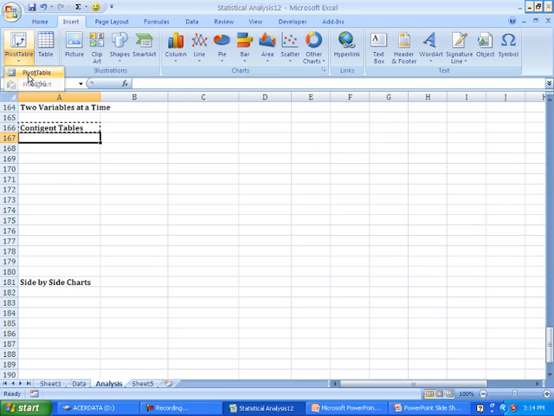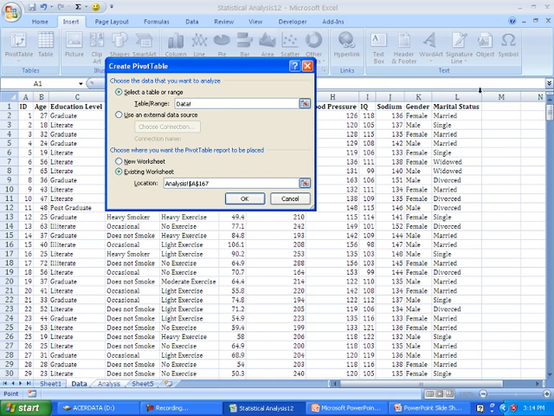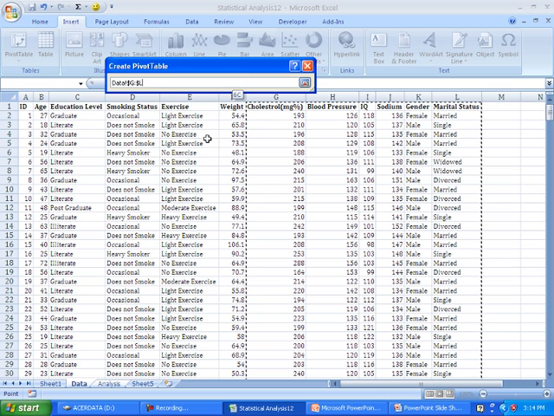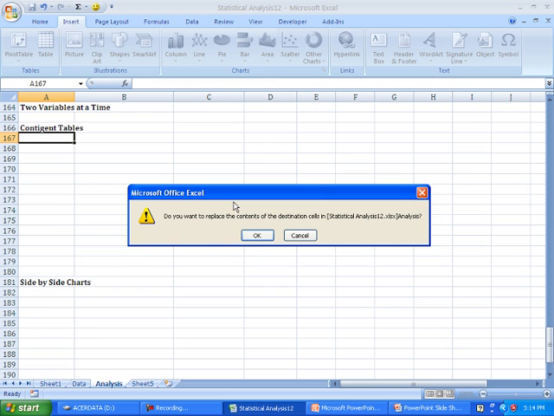Pivot table, I am inserting a pivot. The table range is this entire area, my A column to L column.